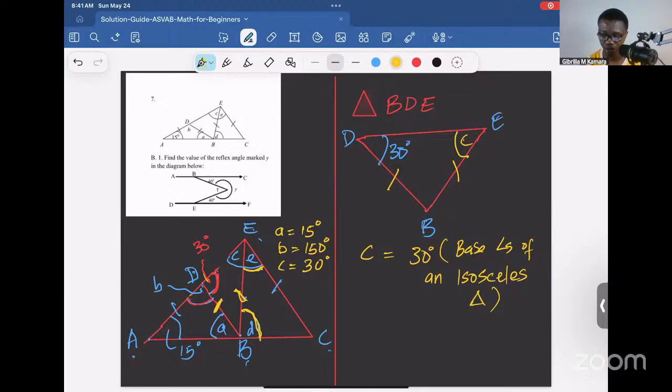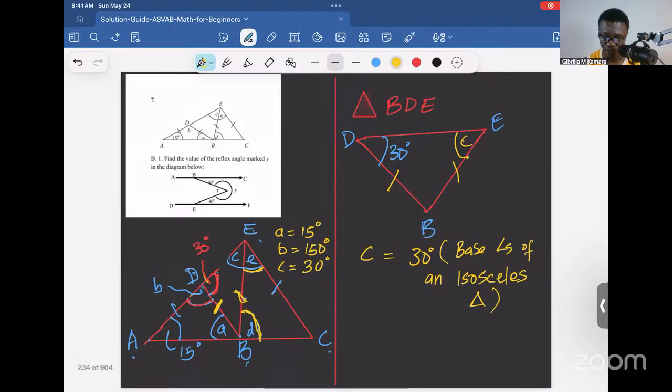If we look at this triangle that we've extracted, B, D, and E, we've gotten 30 here, we've gotten 30 here. We need to find this other angle, and that's very easy because we already know two of the angles.